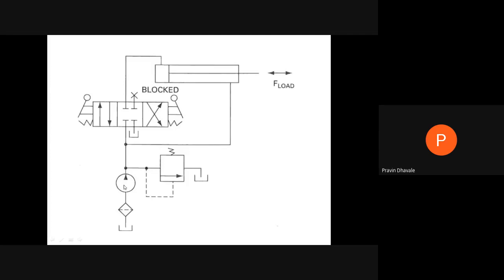So whatever the fluid pumped by this pump, instead of going to port B, is passed through this pressure relief valve. It comes back and comes through this port. Then the piston moves in the reverse direction. Then whatever the fluid is on the left hand side comes at this location to the reservoir.